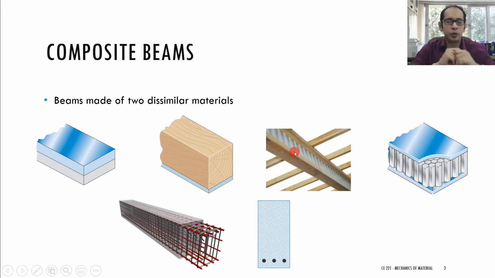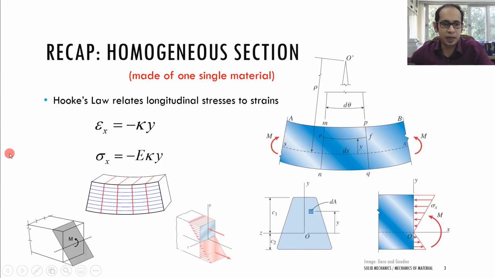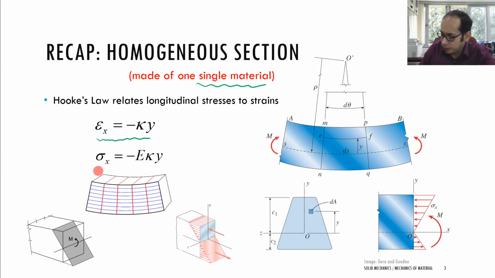Before we try to understand the behavior of these composite beams, let's do a quick recap of what we have studied for beams made of homogeneous sections. Those are beams made of one single material, for which we studied these particular formulas.